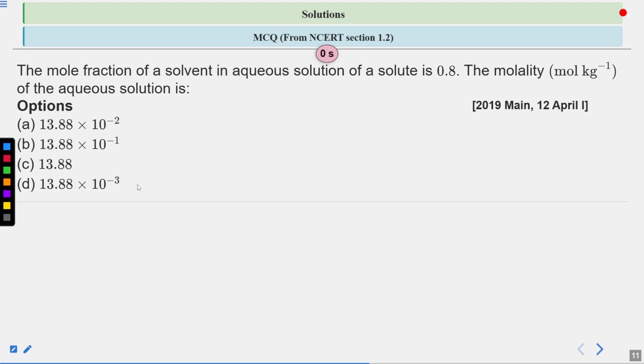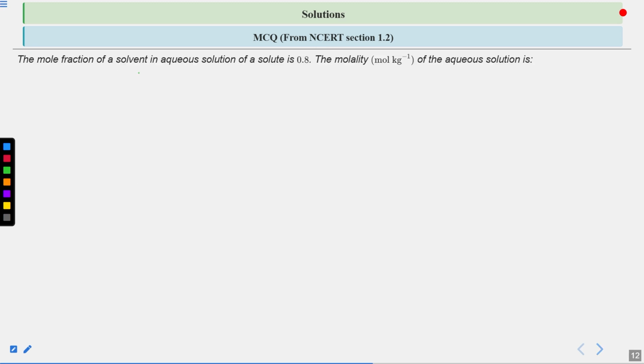Okay, let's see. For this given question, the correct answer is option C, which is 13.88. Now, using concept 7.7, the mole fraction of the solvent is given as 0.8.